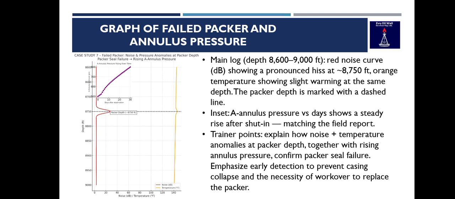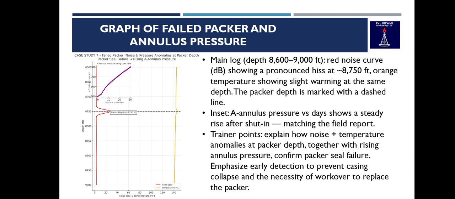Red noise curve showing a pronounced hiss at 8,750 feet. Orange temperature showing slight warming at the same depth. The packer depth is marked with a dashed line.